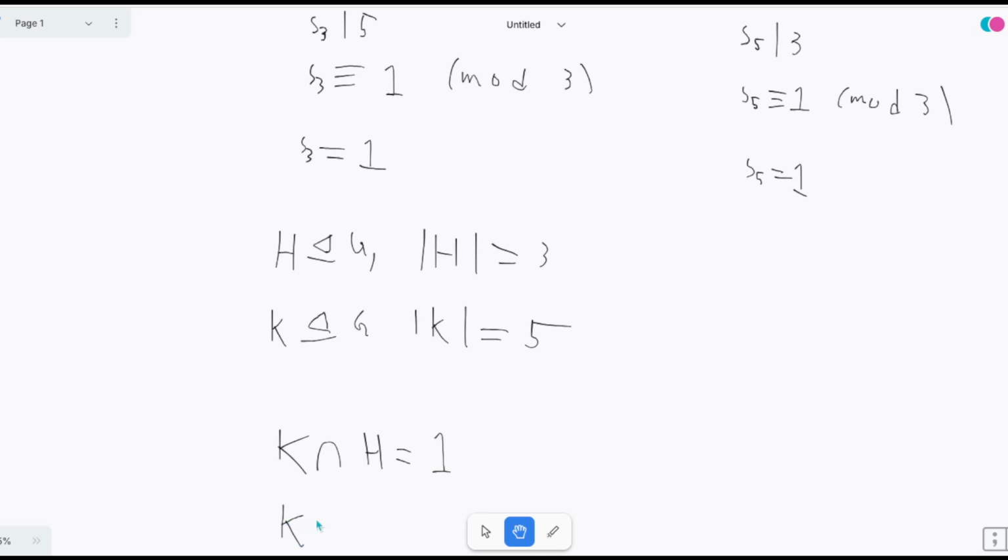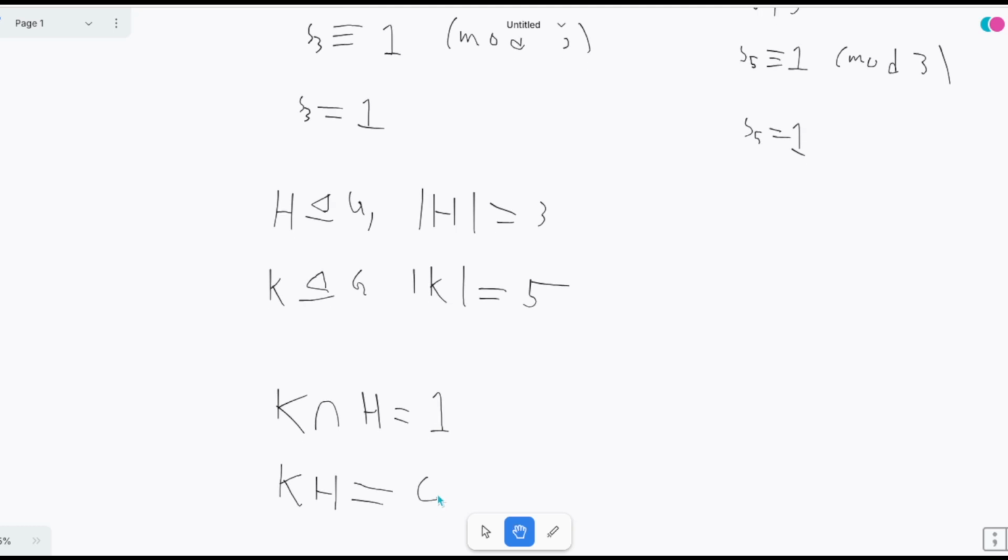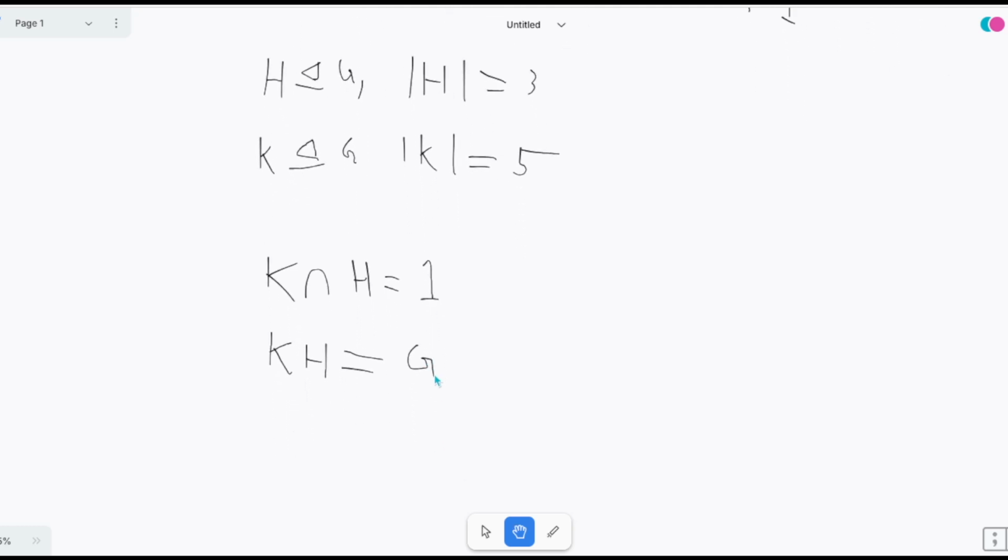And KH is a subgroup of order at least 6, but there's only one of those. So it has to be G itself.